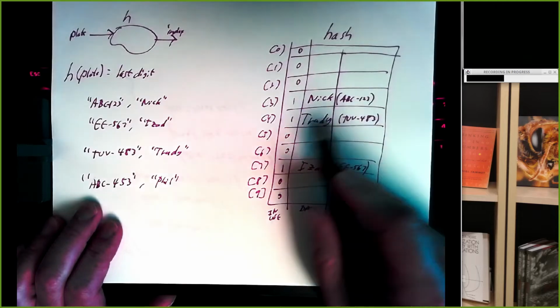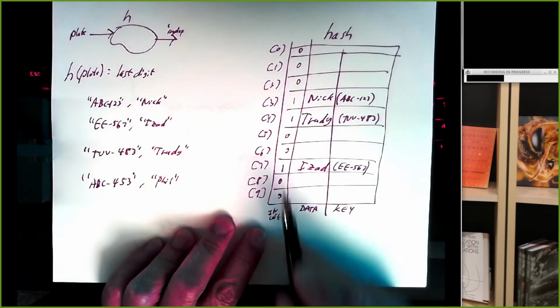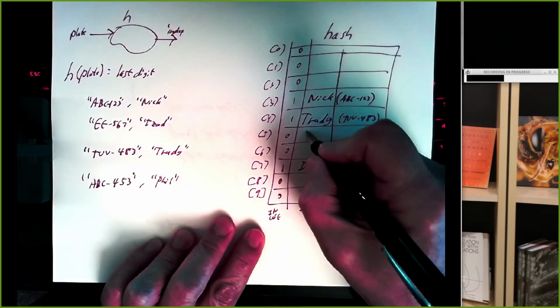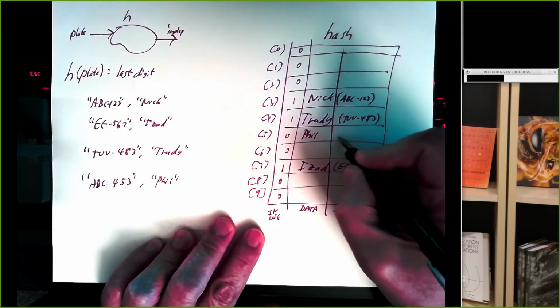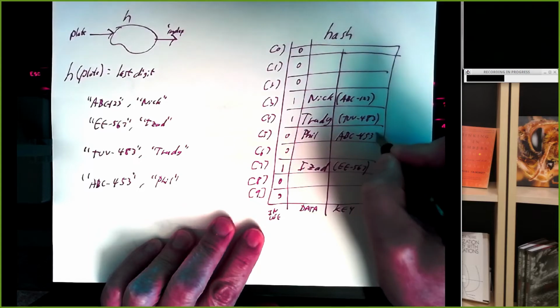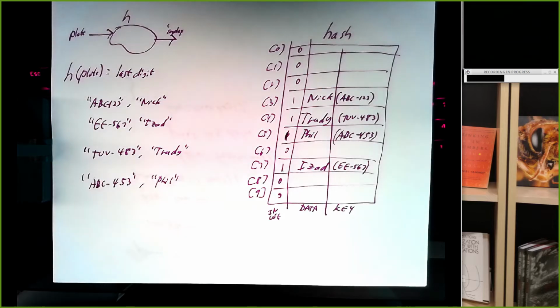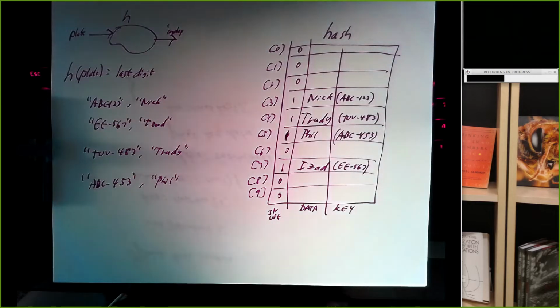Can't store Phil there. We check the next location, that's free. I added an in-use flag, right? So this spot's available, so we'll store Phil right there. We'll store Phil's license plate. And we'll set the in-use flag to 1. And the in-use flag, that would be stored inside the structure? That's part of the structure too, yeah. Okay.